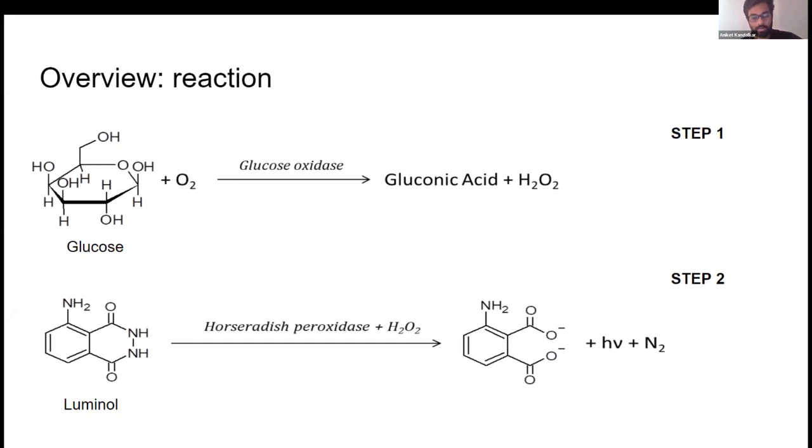So one would expect in presence of hydrogen peroxide and luminol we get a glow, and that glow is directly proportional to the concentration of hydrogen peroxide. So that was the whole scheme, meaning that the more the concentration of glucose, the more glow one would observe, and that is how one can detect the presence or the concentration of glucose.